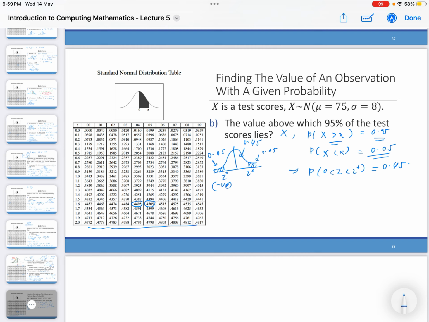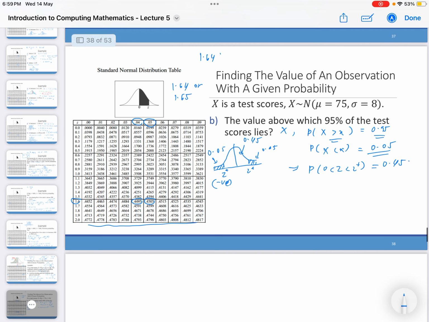For this you can choose either one, either 1.64 or 1.65, because these two give the same difference when we subtract from 0.45. Or actually, you can add these two values, 1.64 plus 1.65, and divide by 2 to get the Z value. So you can choose any of these three.